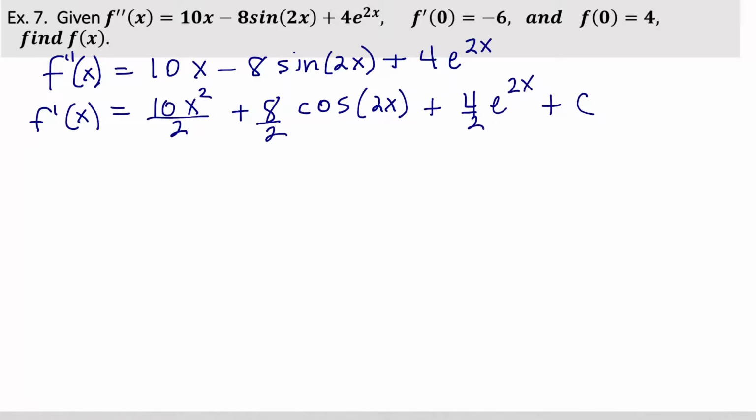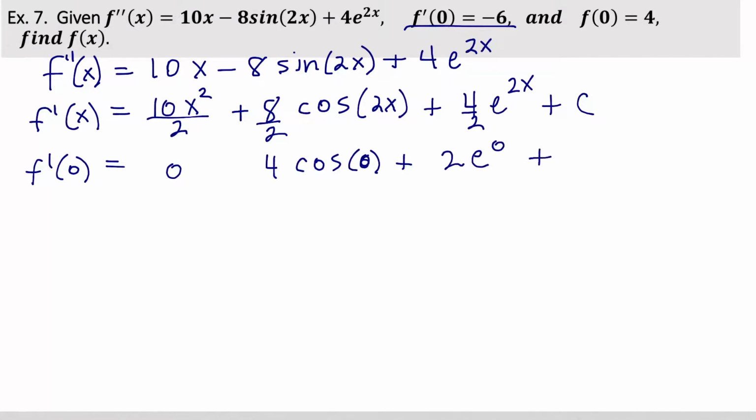Now I need to apply my initial condition for f prime to figure out the c. So f prime of 0: this term would be 0, this would be 4 cosine of 0, which is 1, and this would be 2e to the 0, plus c, and this has to equal -6, we're told.